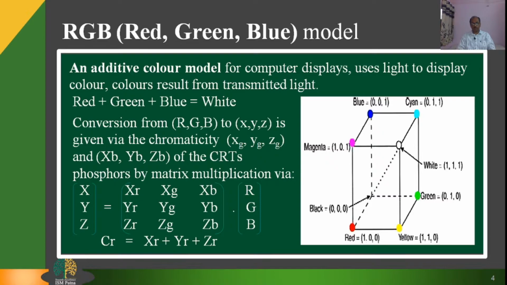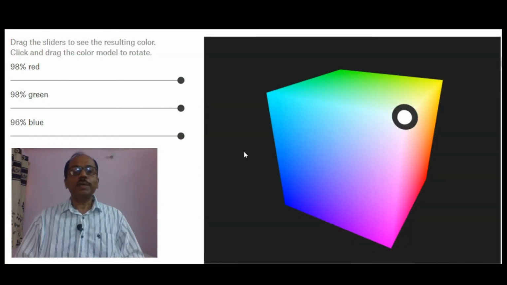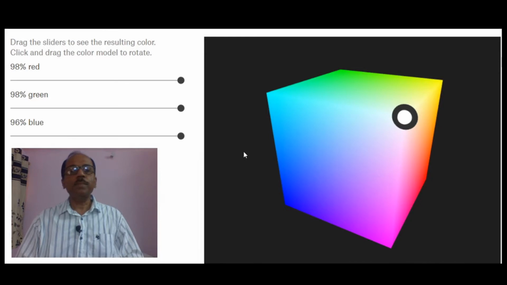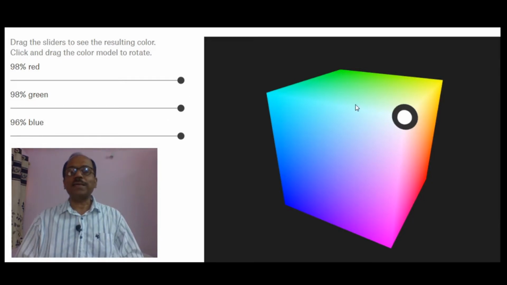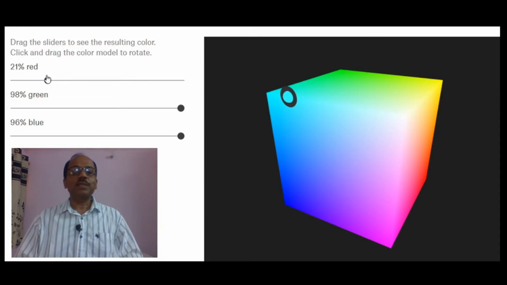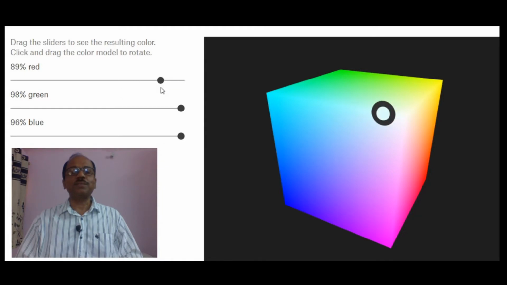So in the interactive color model, please be attentive on the screen. As you know, the red color is placed on the x-axis, so if we move this ring, it moves horizontally on the x-axis.